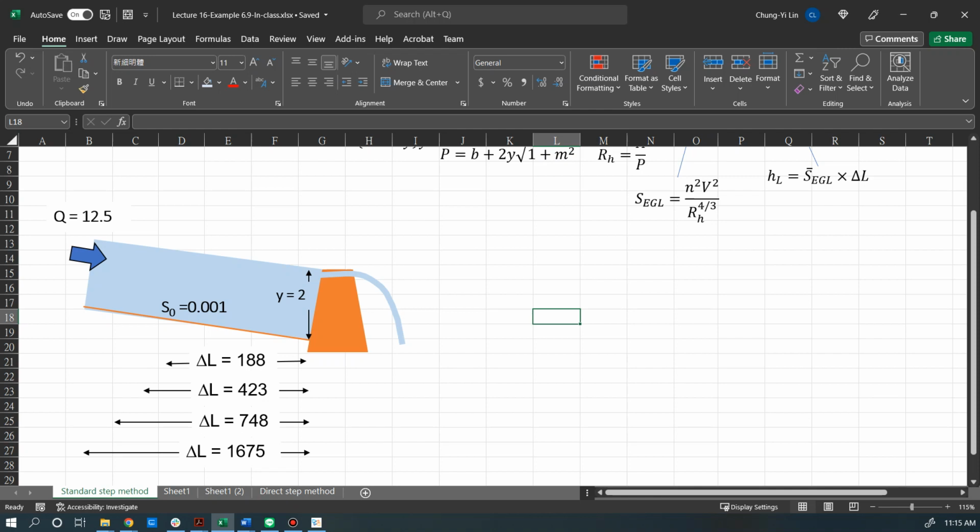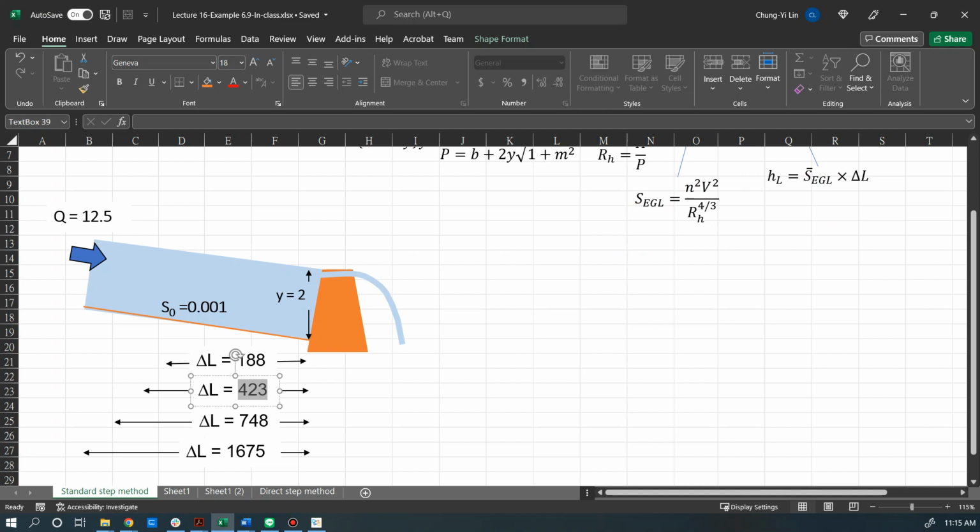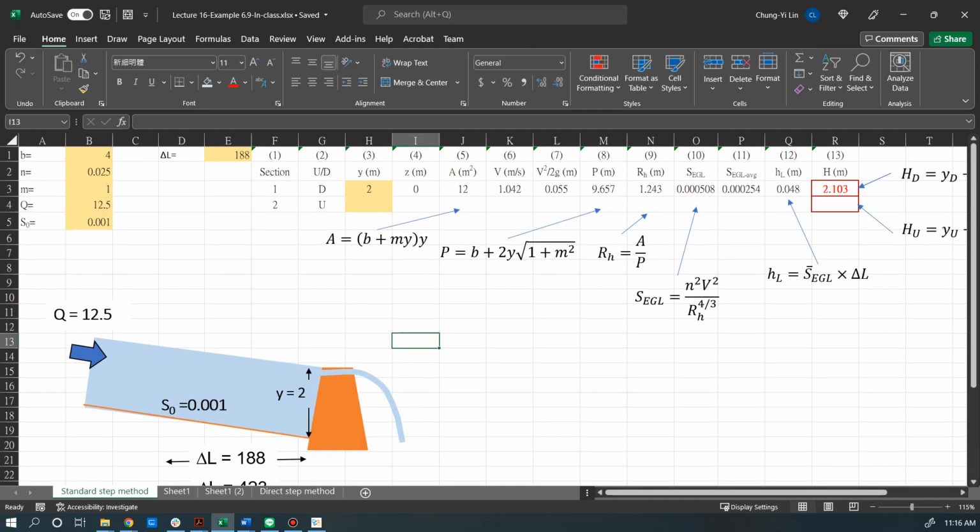We try to solve the water profile upstream of this dam, and we already know the water depths at the first two locations, 188 and 423, because the question tells us those values. We want to solve the other two, 748 and 1,675.